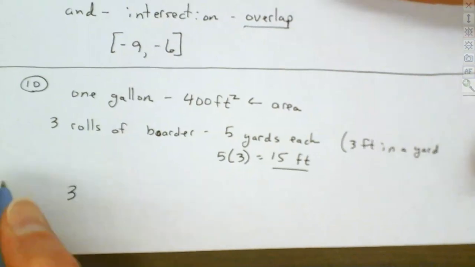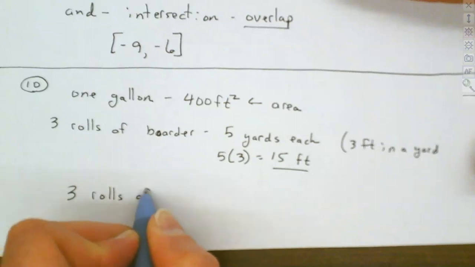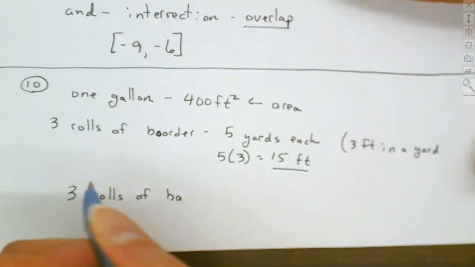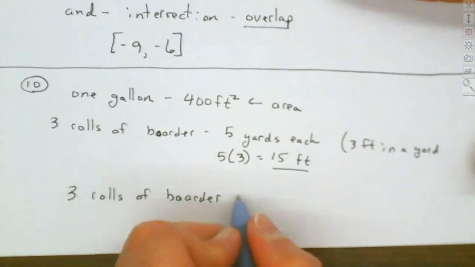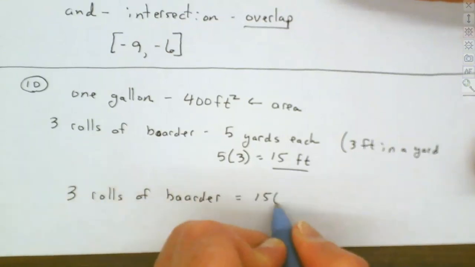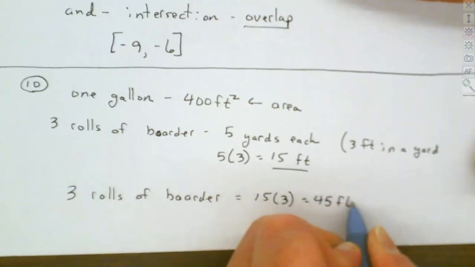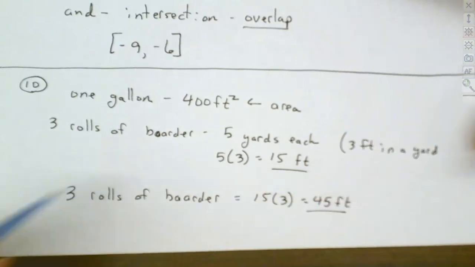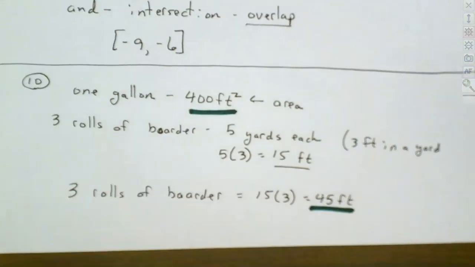We have 3. So 3 rolls of that border would be 15 times 3, which is then 45 feet. Remember, there's 3 feet in a yard. So these are the 2 important parts that we have. We have the area and we have the perimeter.